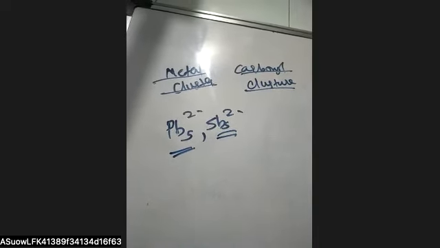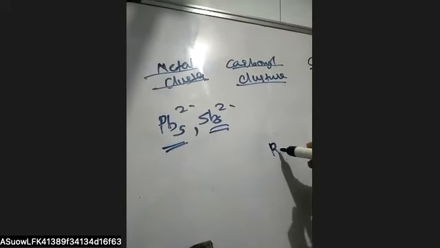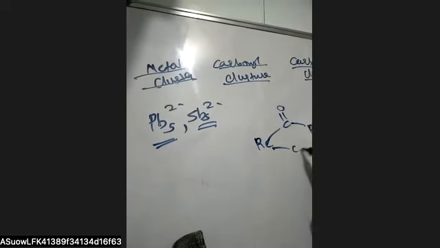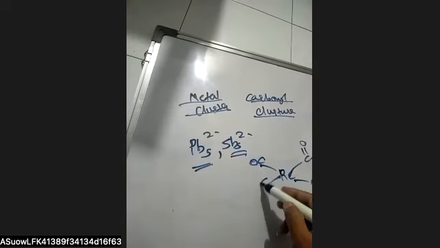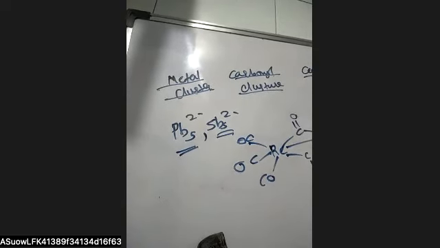We can see a structure like this, where the bridging ligand is CO, for example, and the CO ligands are attached to form the 18 electron complex. So these are the carbonyl clusters which contain CO ligands.